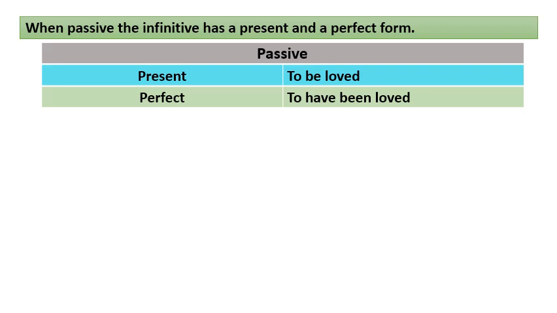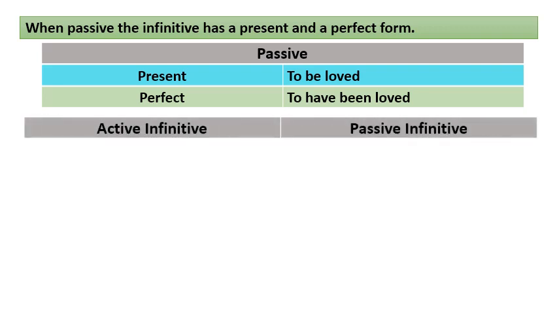For example, to have been loved. So these are the examples of passive infinitive. Keep in mind one thing: the to infinitive can be used with any tense in the active voice, but in the case of passive voice, it will be used with present simple or perfect forms.